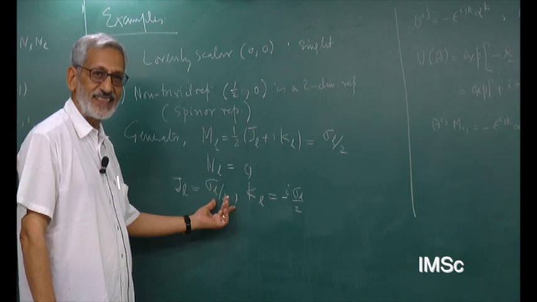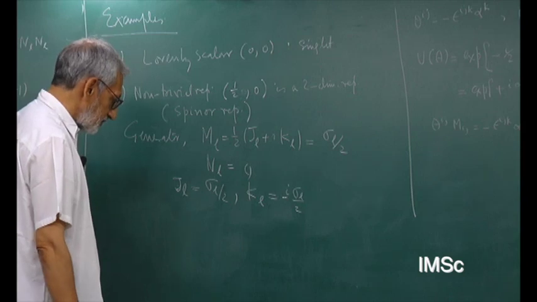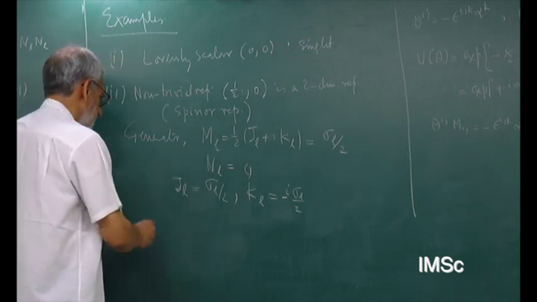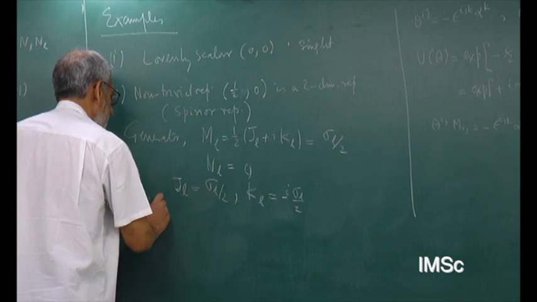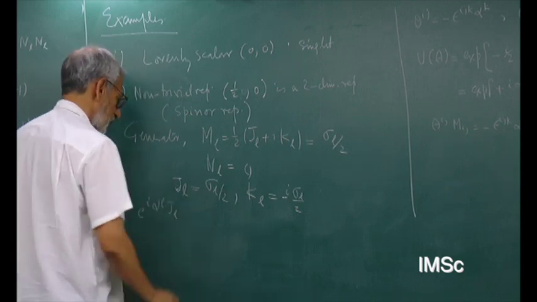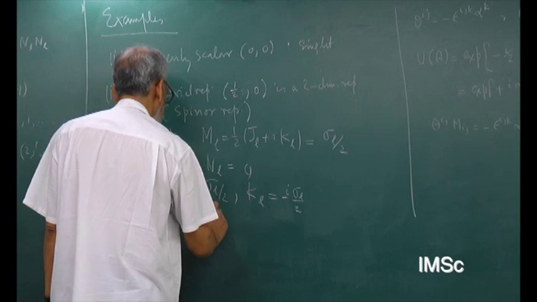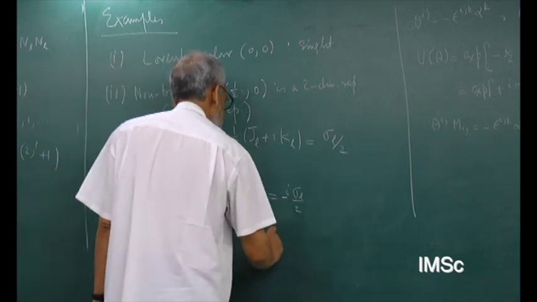Is that clear? So, if I make a group element exponential i alpha L JL, which is the same as exponential i alpha L sigma L by 2, this is unitary.